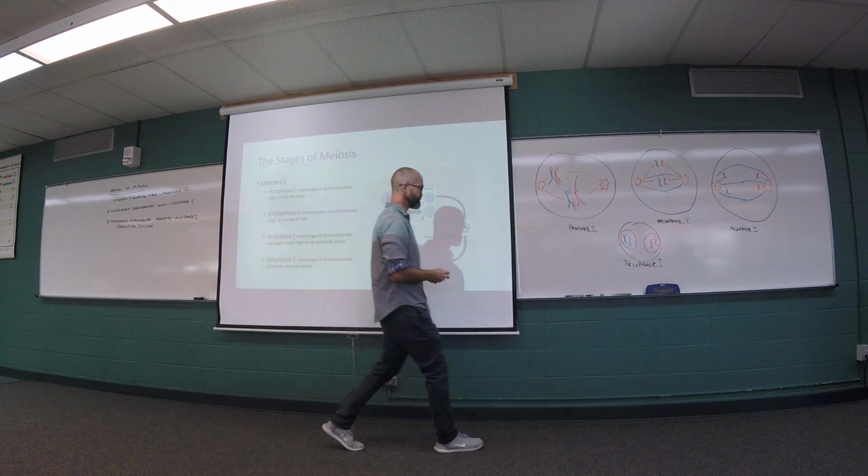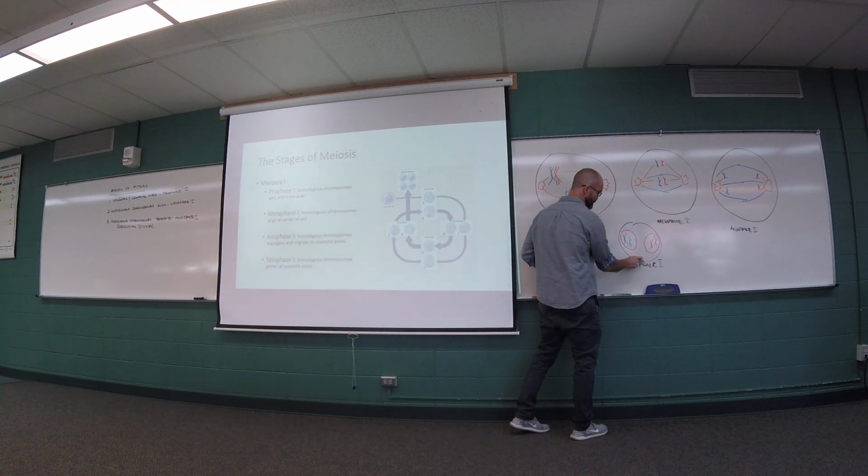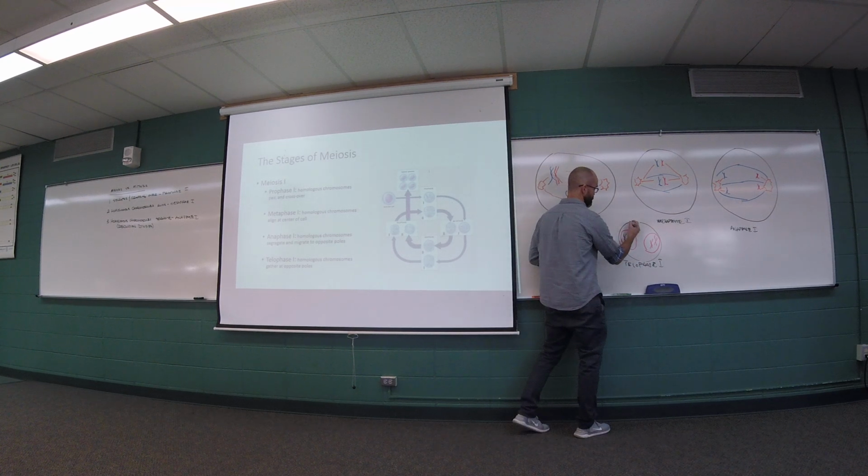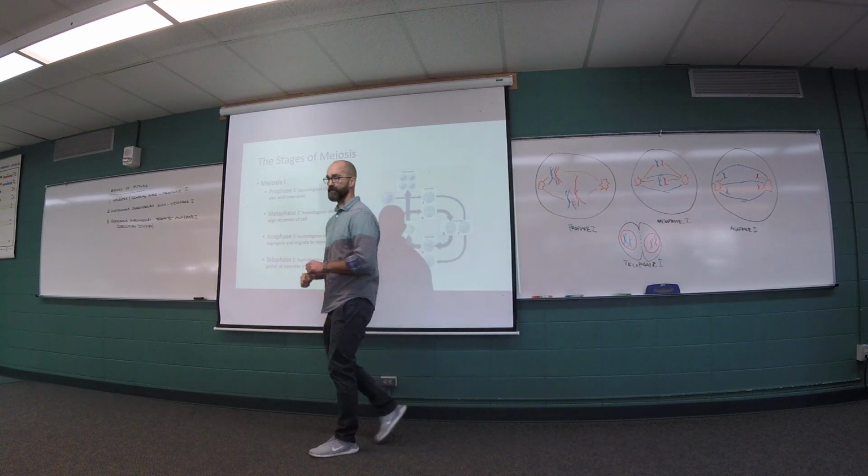So after telophase 1, cytokinesis, at least in animal cells, this is how it looks. Cytokinesis begins to occur where we get that cleavage furrow in between the daughter nuclei.